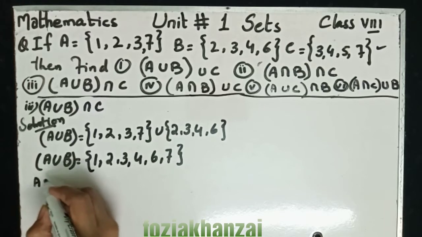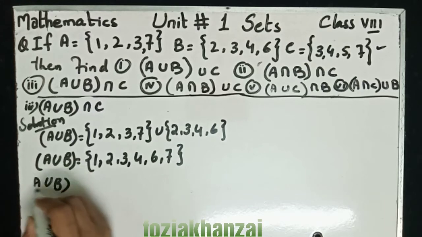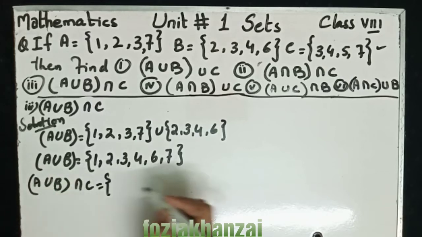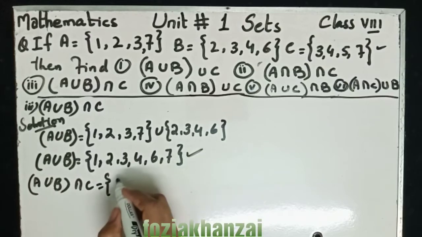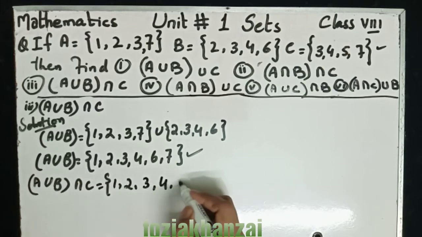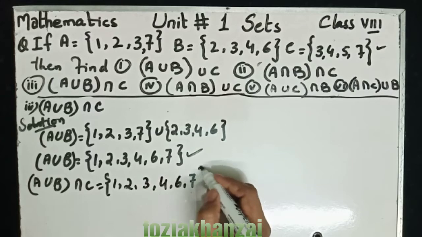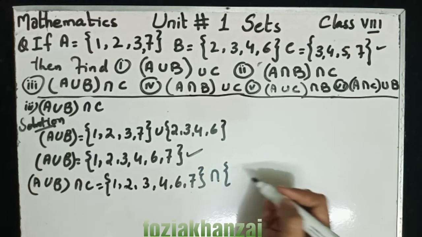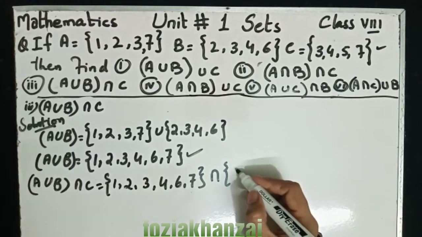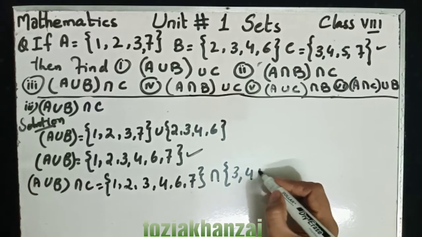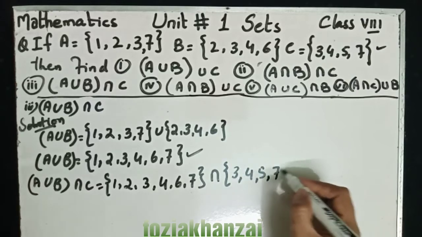Second part: (A union B) intersection C. First we write the answer of A union B: 1, 2, 3, 4, 6 and 7. Bracket close, intersection sign, because we find the intersection. Then copy the elements of set C: 3, 4, 5 and 7.